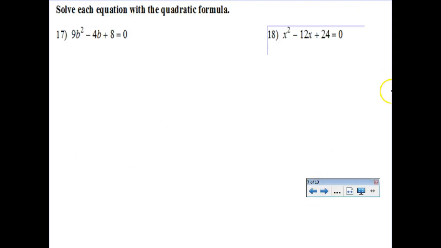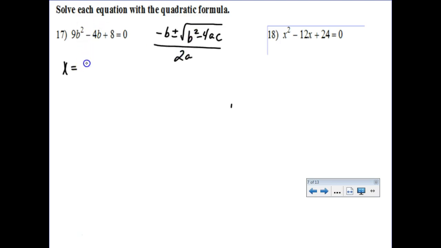Now I want you to solve using the quadratic formula, and we're going to be a little more cautious about how we simplify and distribute and cancel. That's the issue that we were having last time. So x equals, remember it's negative b plus or minus the square root of b squared minus 4ac all over 2a.